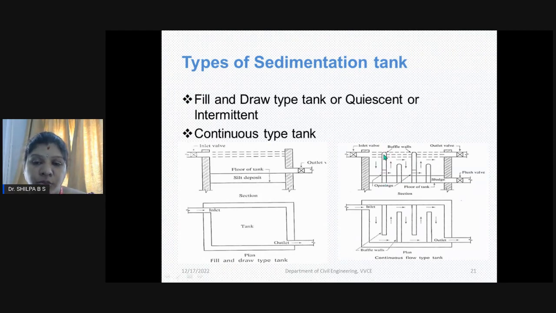At the inlet zone, a baffle will be provided, which will reduce the velocity of the incoming water, and then the water will flow slowly in the direction shown here. At the outlet zone, the water will be taken at the top of the tank, so that the supernatant water, which is free from the flocs, is taken to the next treatment unit.